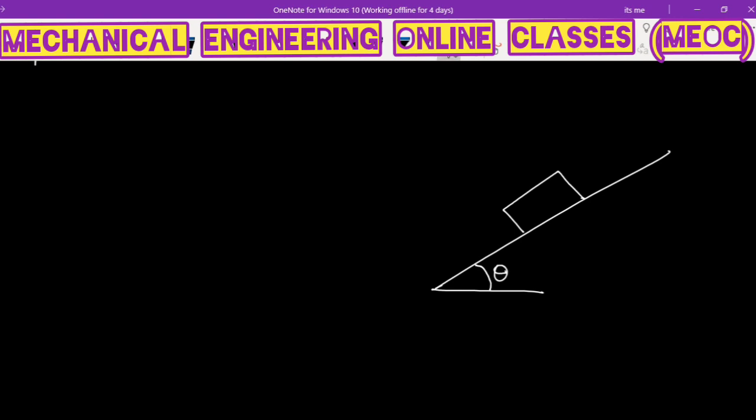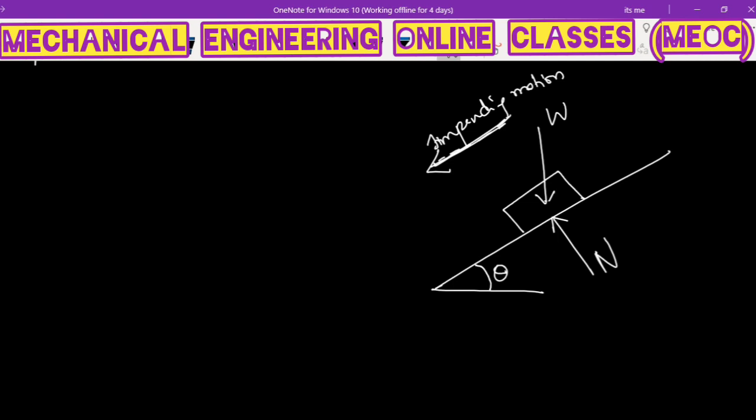So let us see how to find this value theta, that is angle of repose. Let the object be of weight W. Now let us try to draw the FBD of this. Because the inclined plane is at angle theta, normal reaction will be perpendicular to this inclination. Let this be N. And because the object will have an impending motion to slide down the plane, this will be the direction of impending motion.